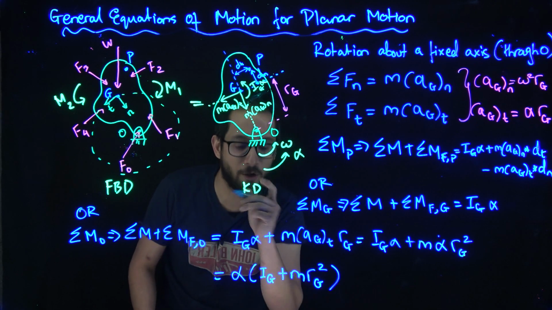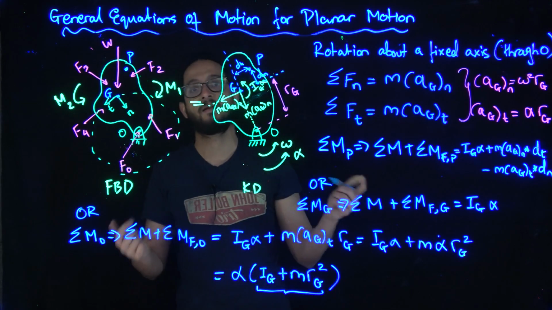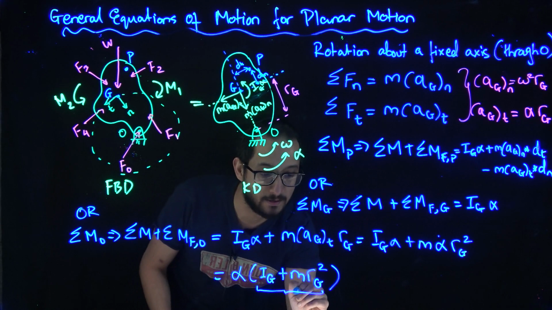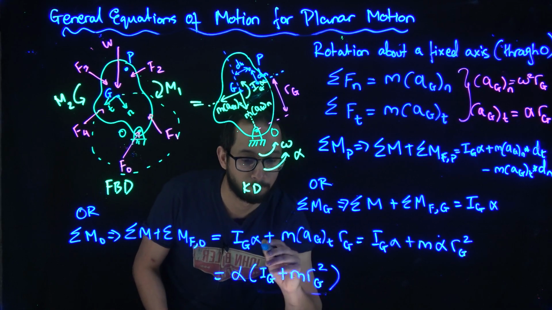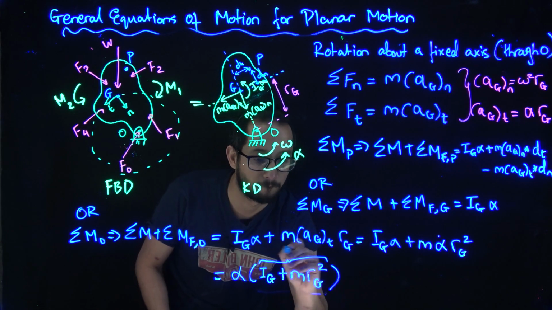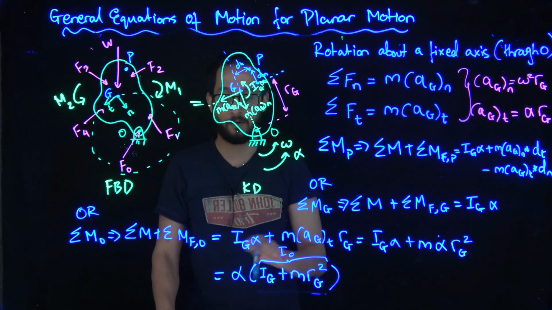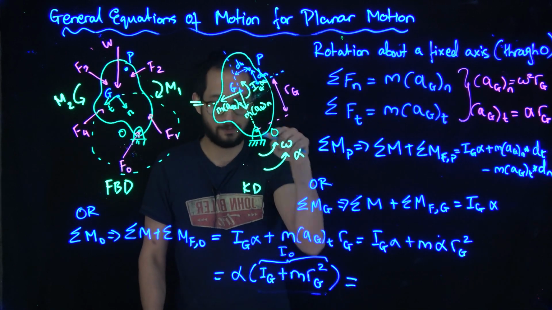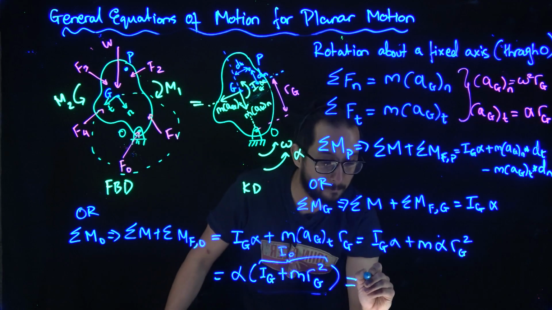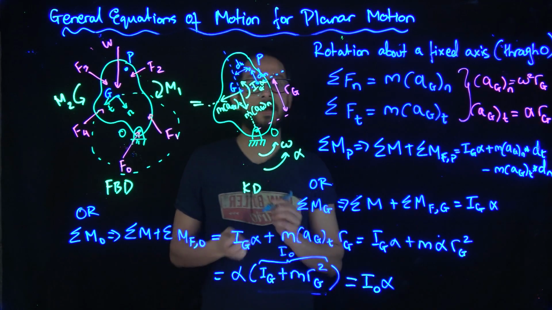You know where I'm going with this, right? What is this equal to? From my parallel axis theorem, this term is just equal to the mass moment of inertia about the point O. So from my kinetic diagram, if I'm taking moments about the point O, that's just equal to IO alpha.